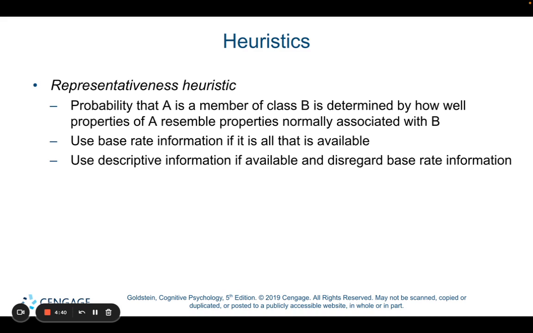Because in our mind, we think that someone who's 7 feet tall must play basketball. When in reality, not everybody who's really tall plays basketball. But if we think a basketball player represents somebody who is tall, then we might make that incorrect assumption.